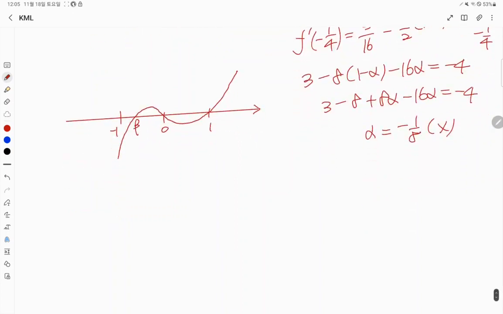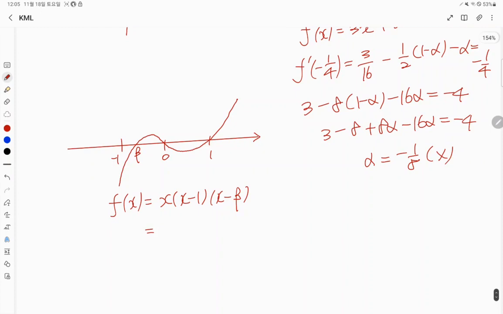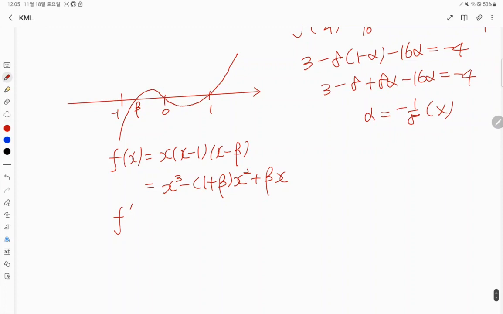Let's say the negative root is beta, and if we make the equation, and once again, after opening parentheses, we can differentiate.